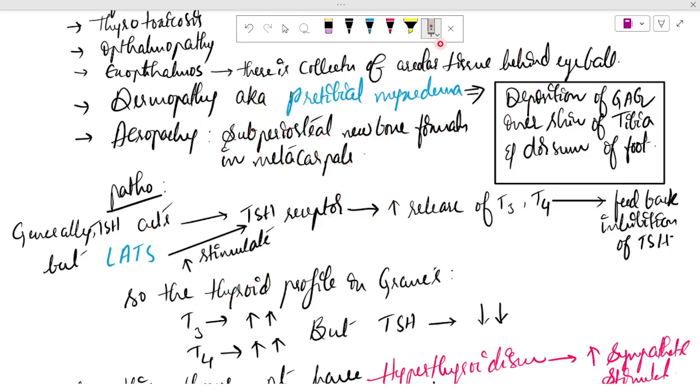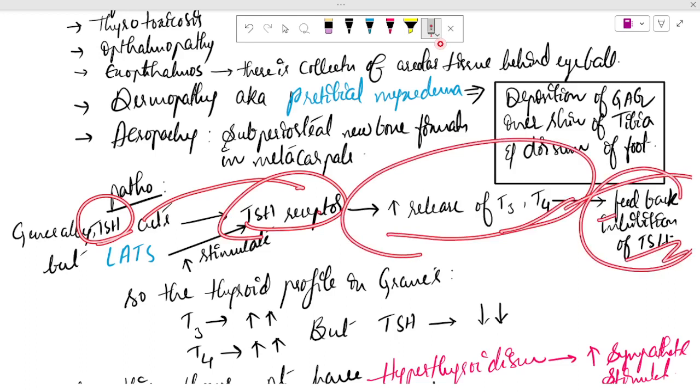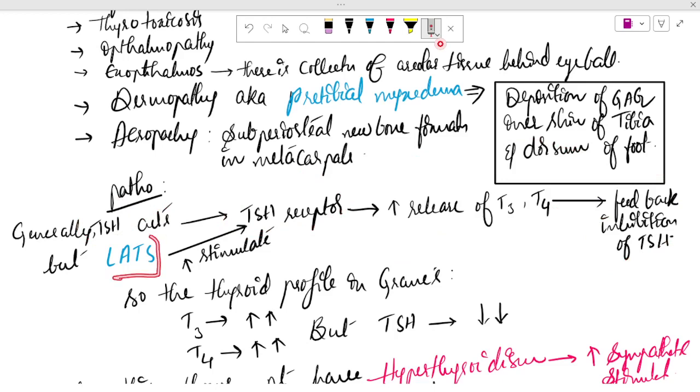Okay. Now, generally it happens like this. TSH goes on the TSH receptor. The TSH receptor initiates the release of T3, T4. T3, T4 cause feedback inhibition of TSH. But in Graves, we already discussed there is an antibody, that is LATS, long-acting thyroid stimulator.